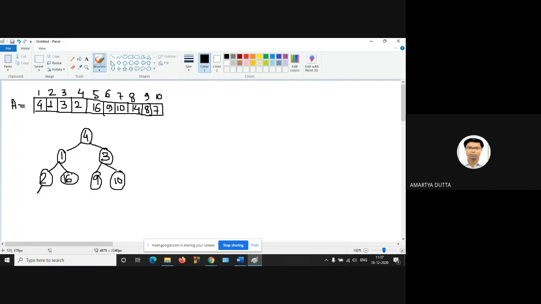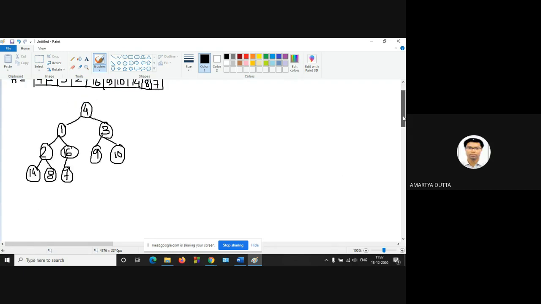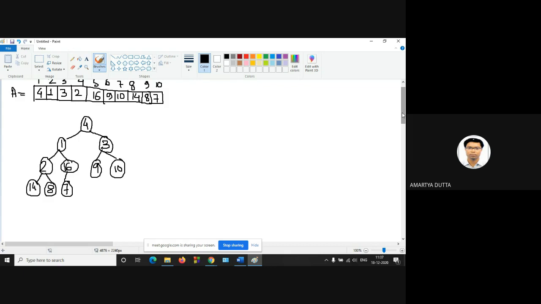From 2, write 14 and 8, and then this is 7. So this is your complete binary tree.